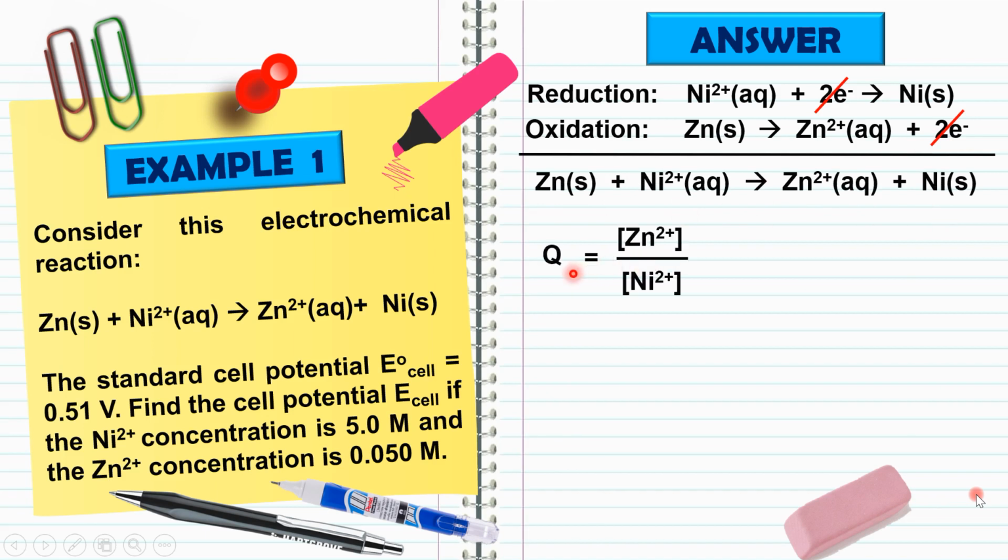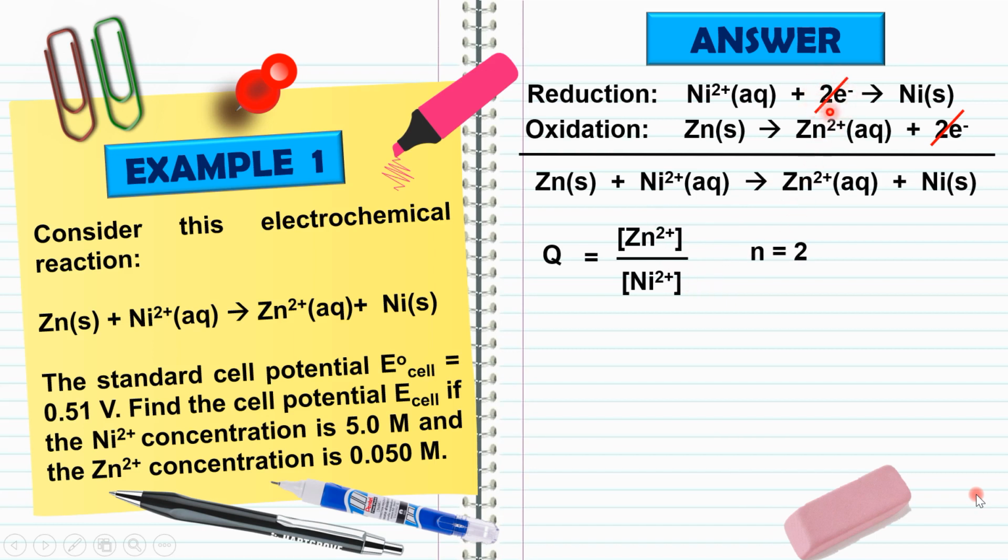For the Q, remember, solid is not considered in the reaction quotient, only aqueous. And remember, the concentration of the product is divided by the concentration of the reactant. Since both product and reactant have coefficient 1, it is to the power of 1.